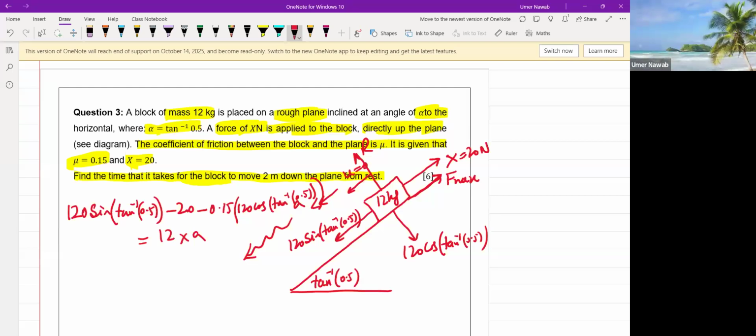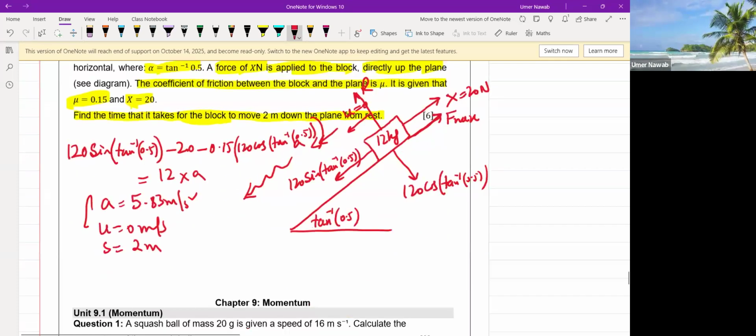When I write it in my equation solver, that will give me the value of acceleration equal to 5.83 meters per second squared. Now, u is equal to 0 meters per second. Distance covered down the plane is 2 meters.